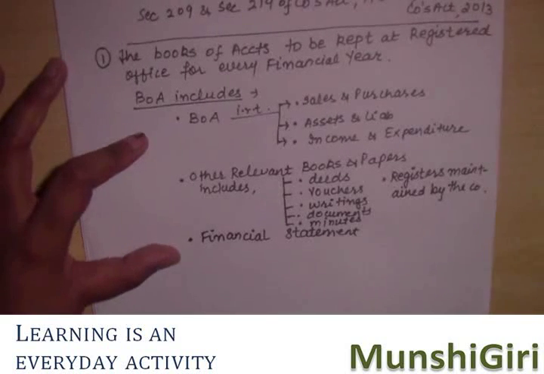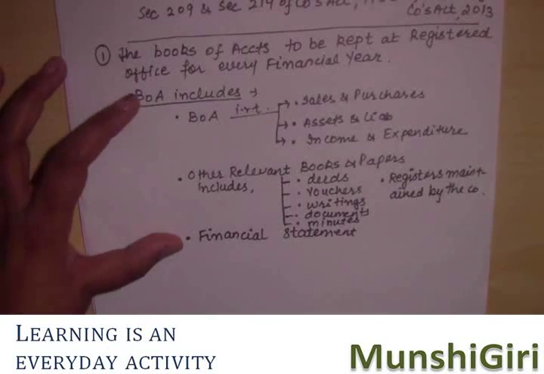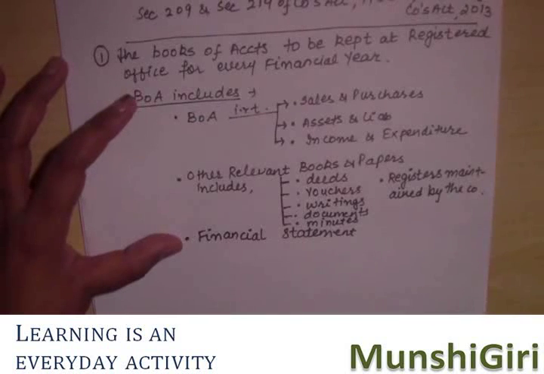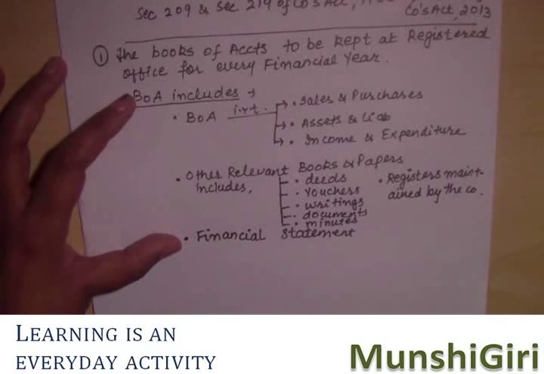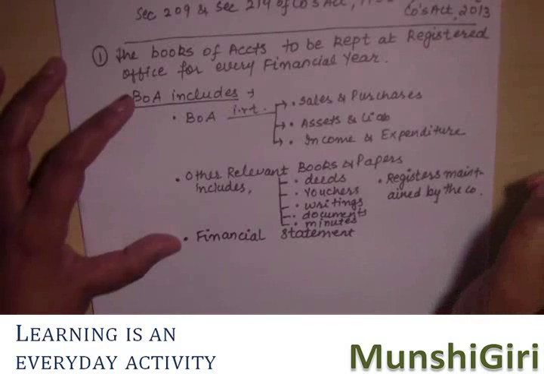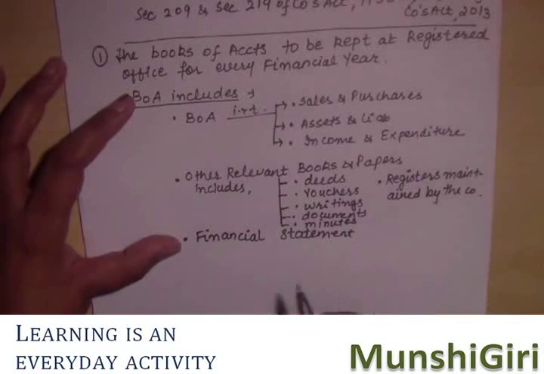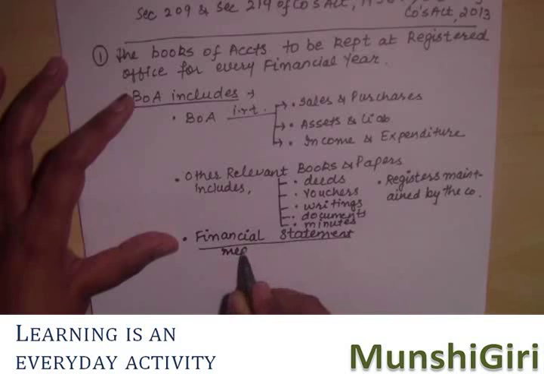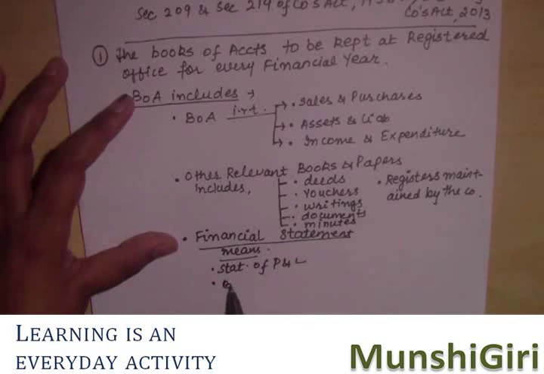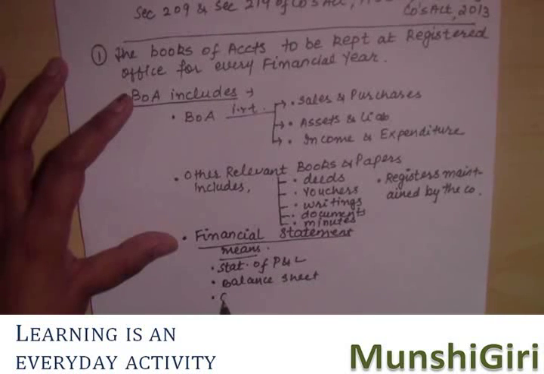The third thing is financial statements. Now we have Section 129, the section next to it of the Companies Act, which talks about the format of financial statements. So let's cover here what financial statement actually means. Financial statement means statement of profit and loss, balance sheet, cash flow statement.